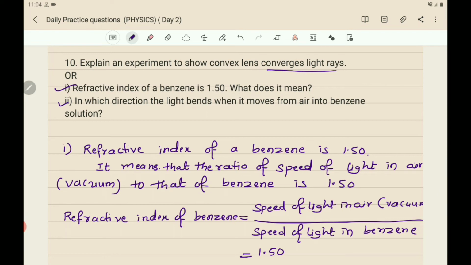In which direction does the light bend when it moves from air into benzene solution?